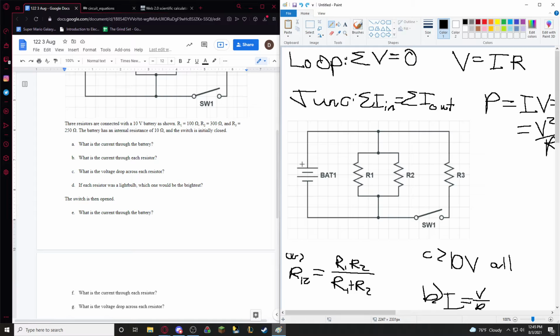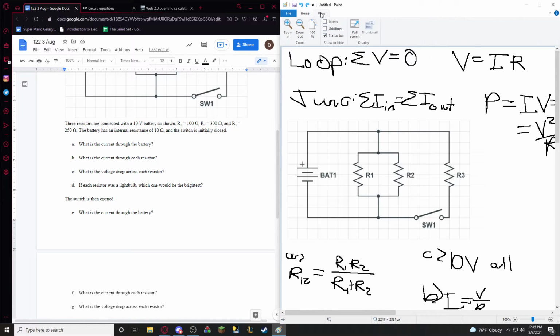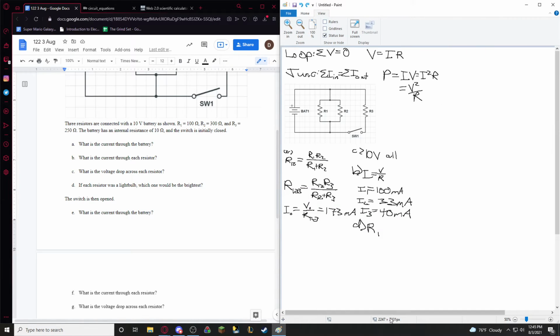Is it called the 3 loops? It's with 3 loops, and it shows R1 to R6. There's V1, V2, and they give the current directions for I1, I2, and I3.